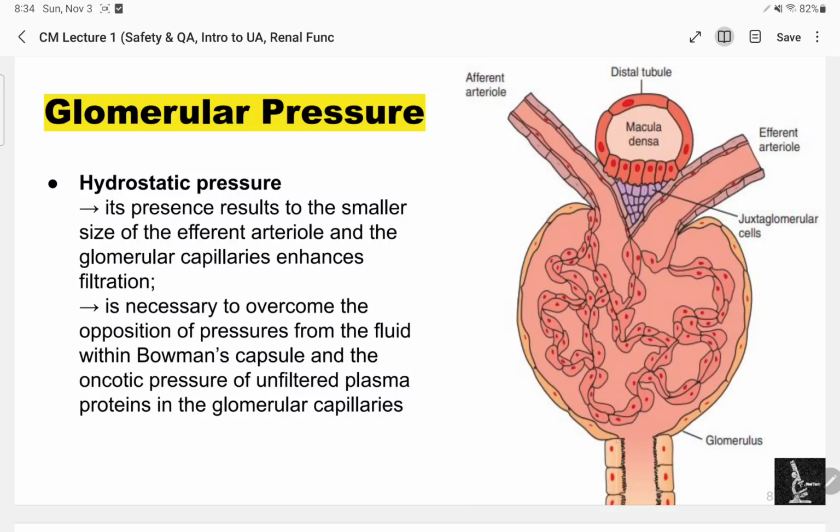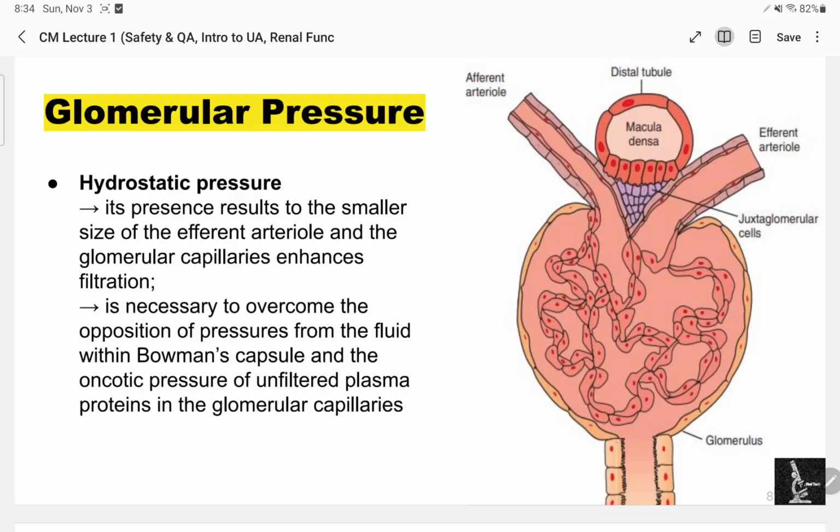Our kidney cannot afford a shortage of the blood passing through it. It is very important that the 25% be maintained at all times.